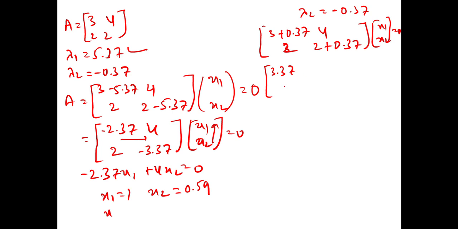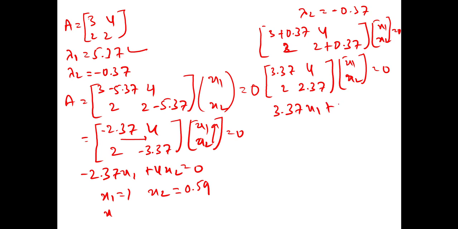That is 3.37, 4, 2.37, x1, x2, 0. So 3.37 into x1 plus 4 into x2.